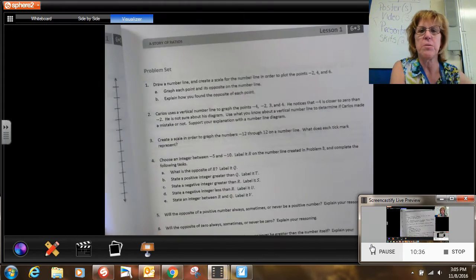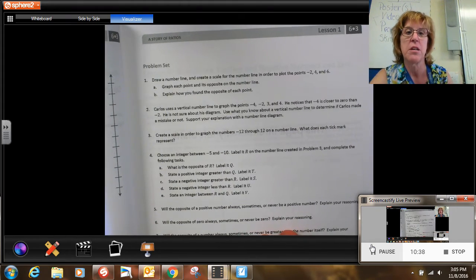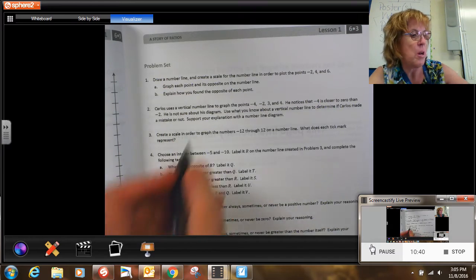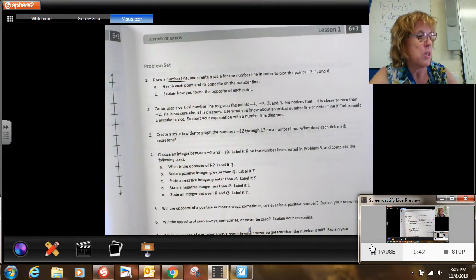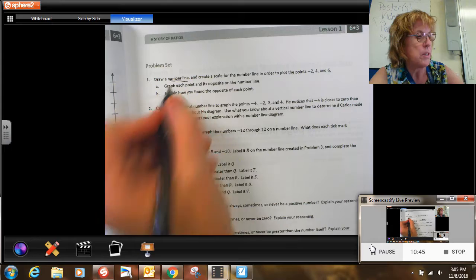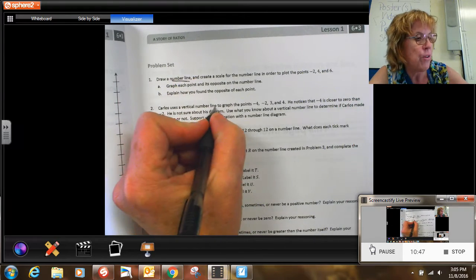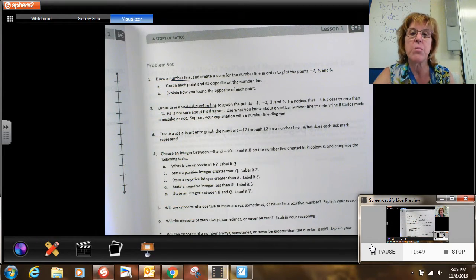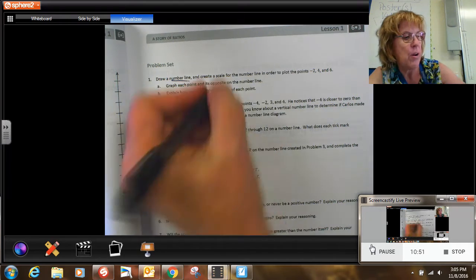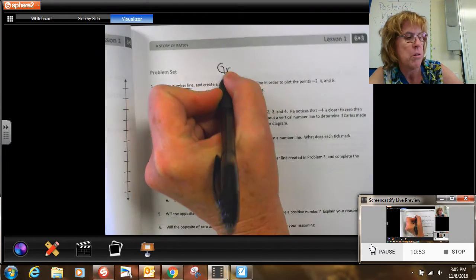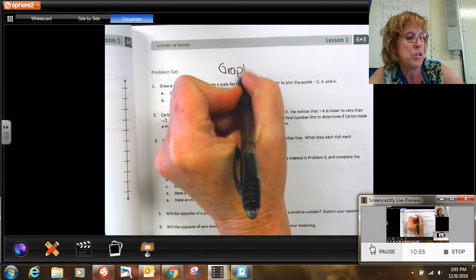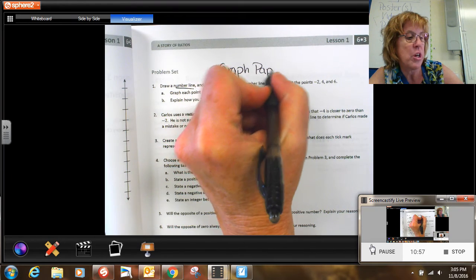On page S3, it's asking you to do a lot. Notice it's asking you to draw a number line. It's asking you to graph each point. It's asking you to use a vertical number line. So I would suggest that you get out graph paper, and your teacher's going to let you do that now because I'm going to let you start your homework now.